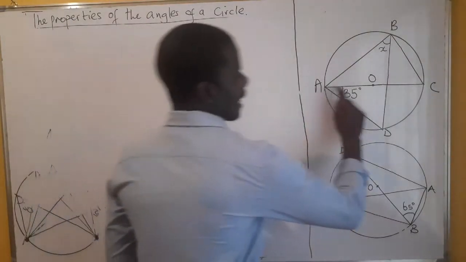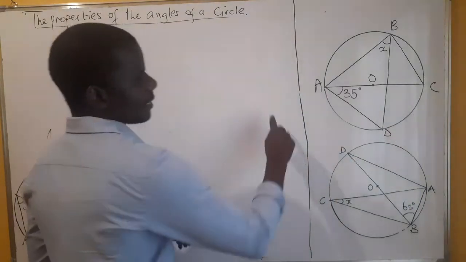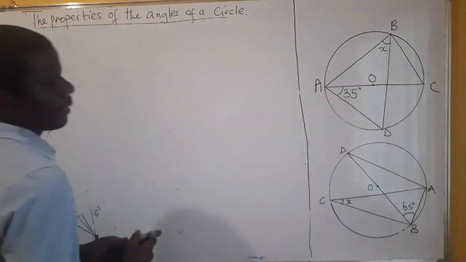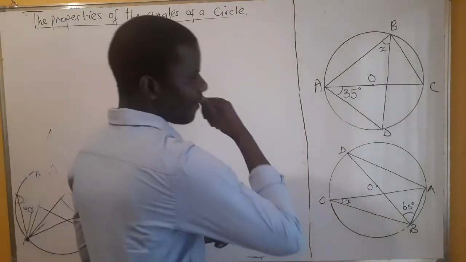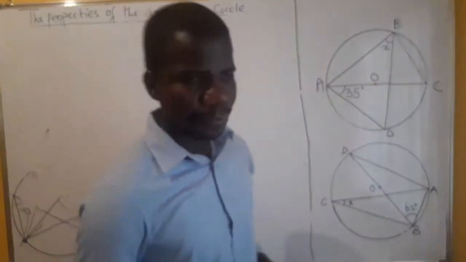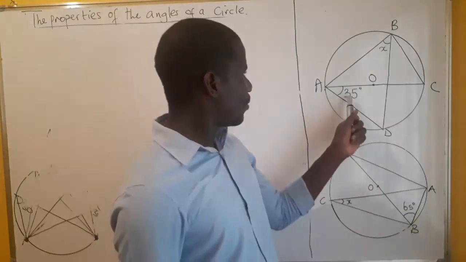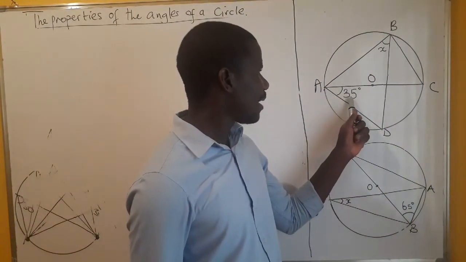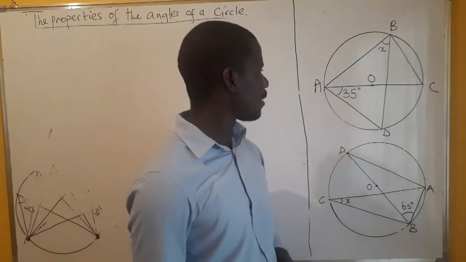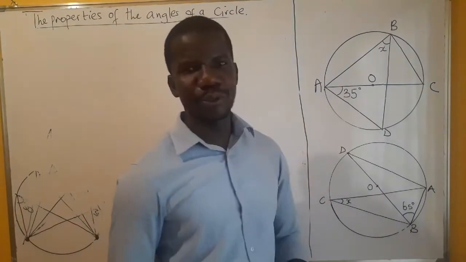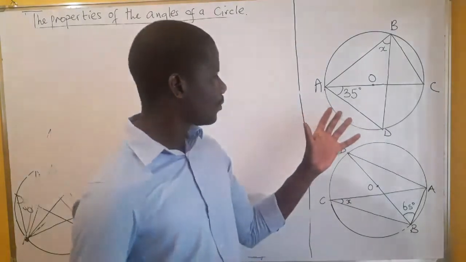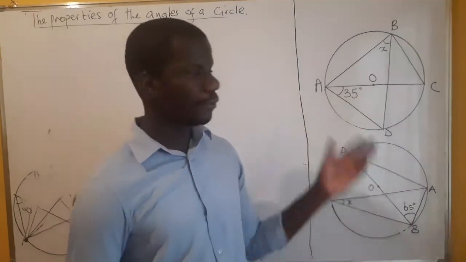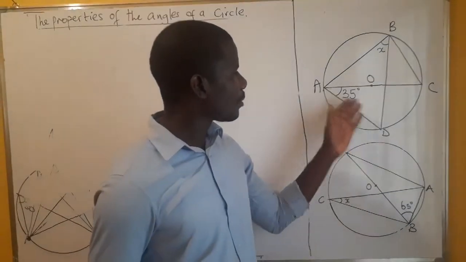So if this is a diameter, or maybe before I come to that, which other angle is equal? Because we have 35. So which other angle is equal to 35? This is what I advise: it's better you pause the video and try to find the answers even before we go through together. Which other angle is equal to 35?